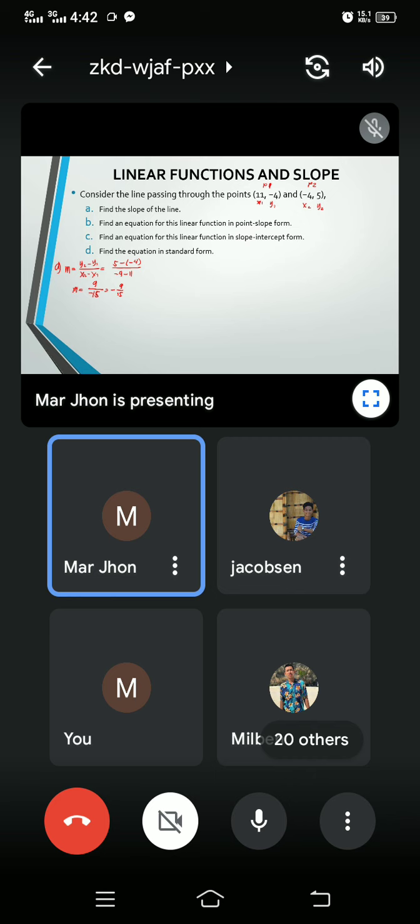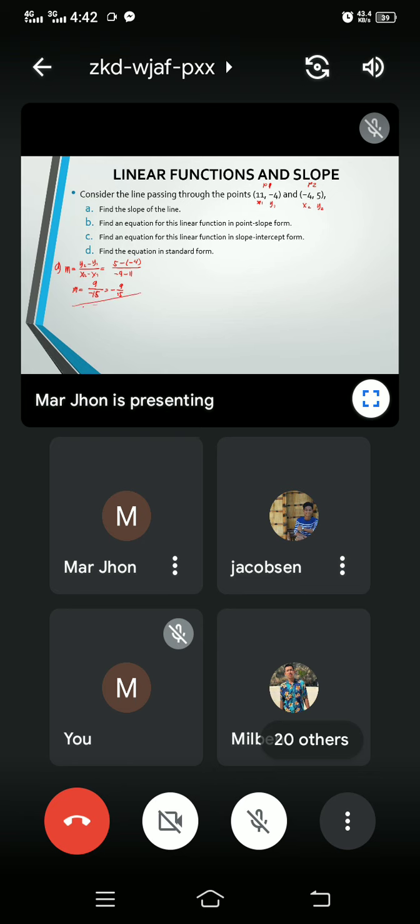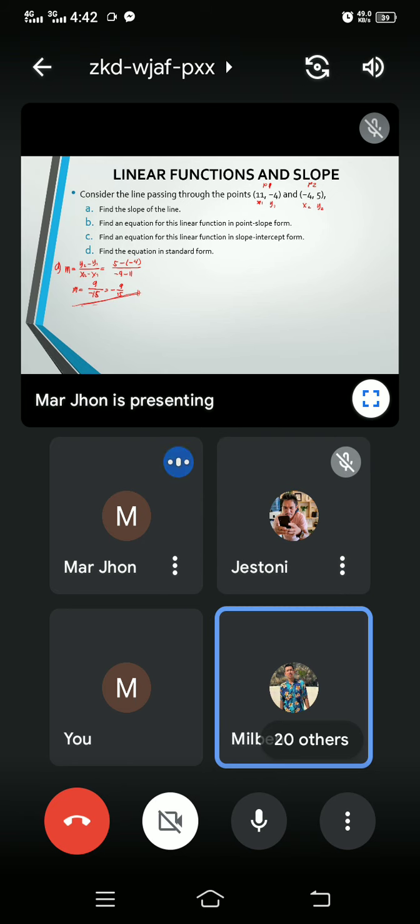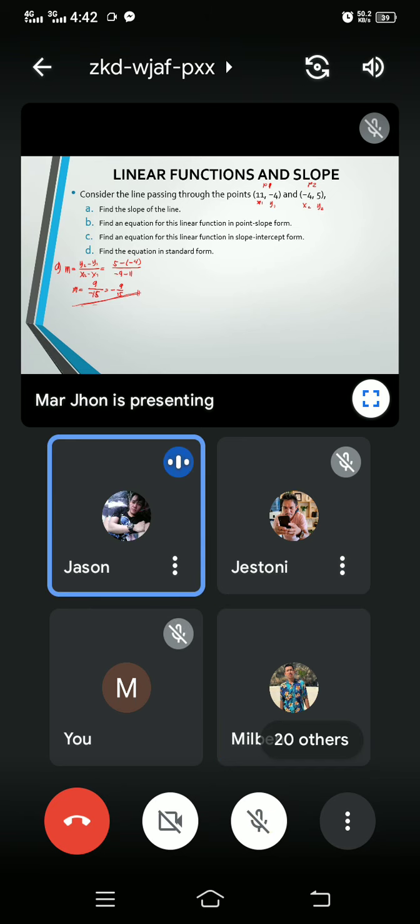Ang slope. Mao na ang answer, sir. Muna yung slope sa line. Muna yung answer. Di na ma-convert by 3, sir. Pwede i-convert.